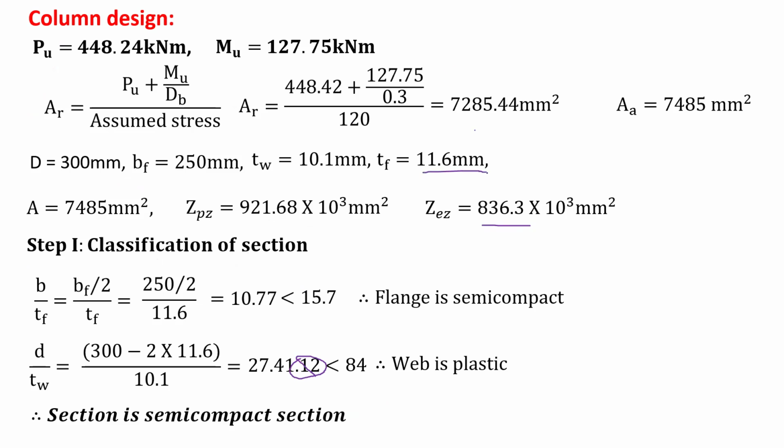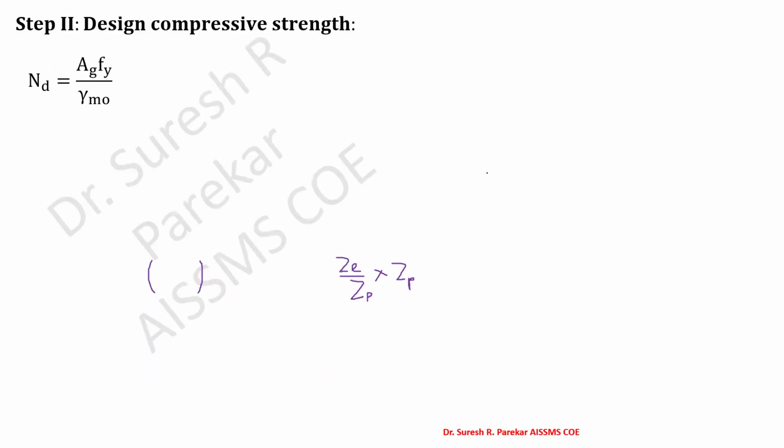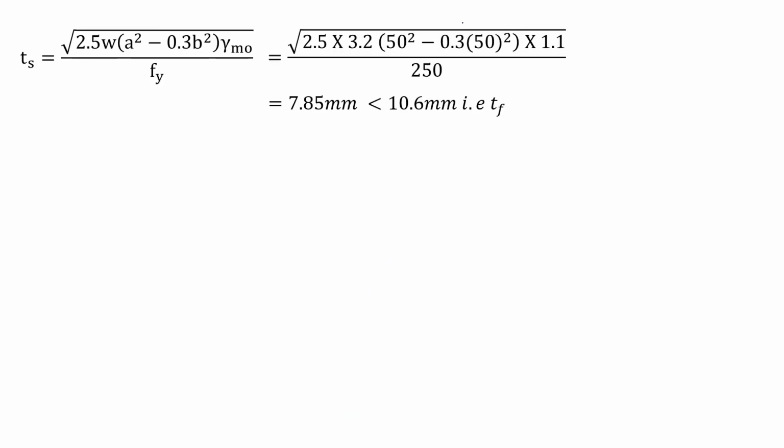So we have to go for 11.6. And that value is less than 11.6, so we have to provide a value greater than 11.6. So it is not 10.6, this value is 11.6. So we need a value greater than 11.6.